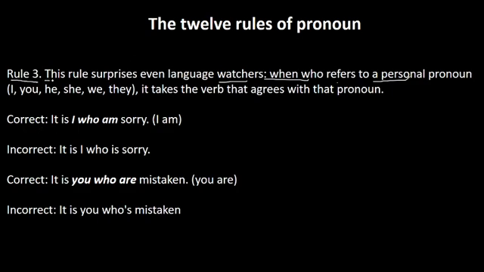Rule 3. When "who" refers to a personal pronoun, like all these personal pronouns we know, it takes the verb that agrees with that pronoun. We want to talk about something here. The key word is "who." And following that key word is what?